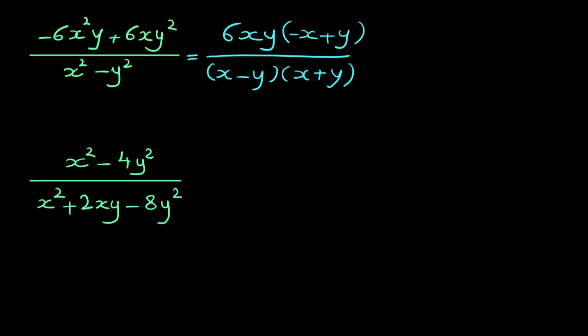Now please pay attention. This is similar to this bracket, but are they exactly the same or not? In the numerator we have negative x plus y, but in the denominator we have x minus y. If you pay attention, this bracket is the negative of this bracket.